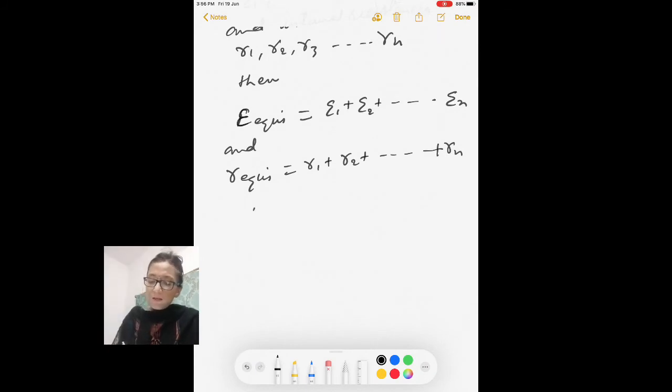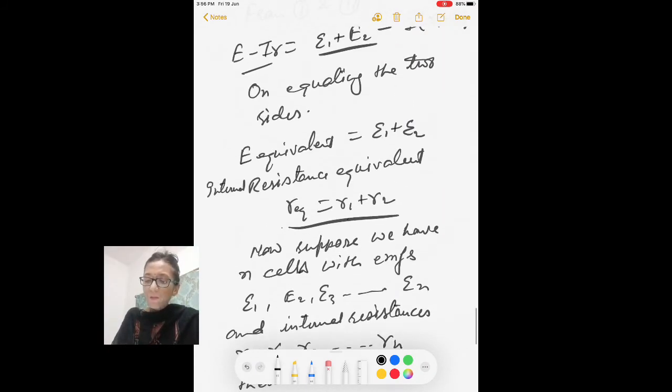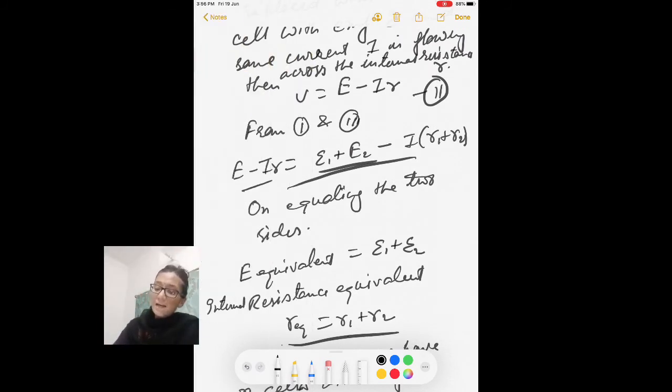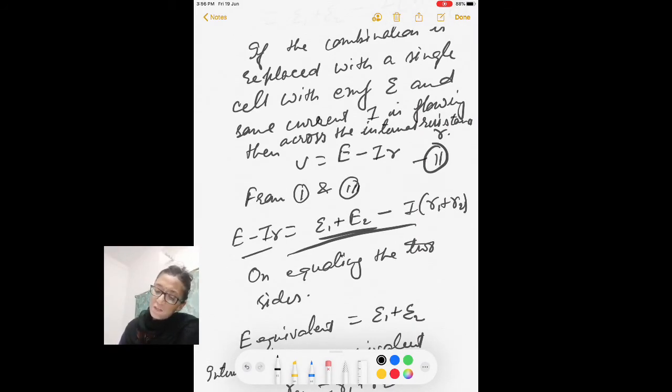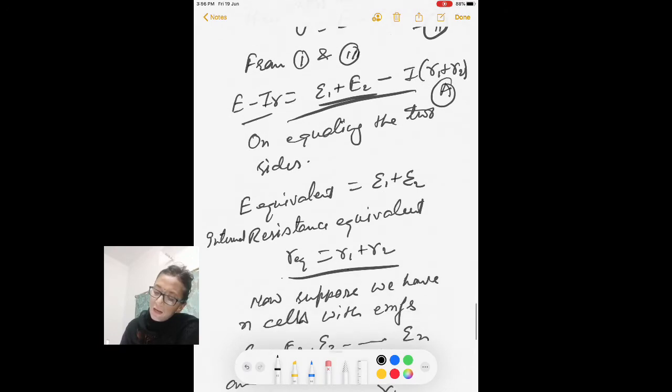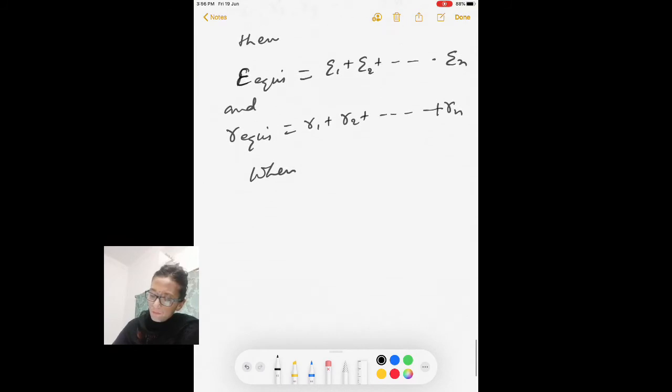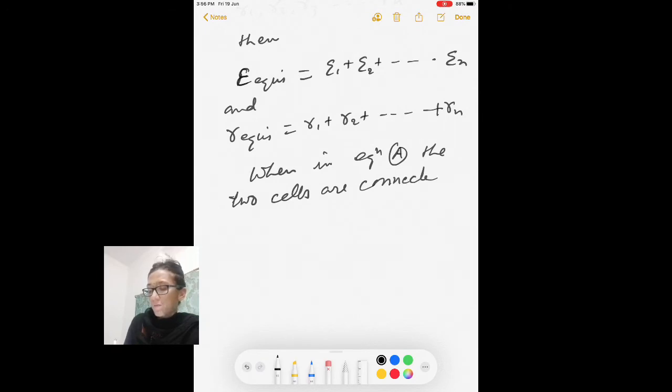Now one more condition. In equation A, the two cells are connected in opposite sense.